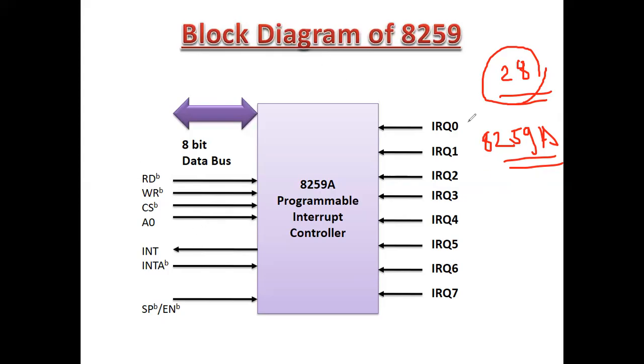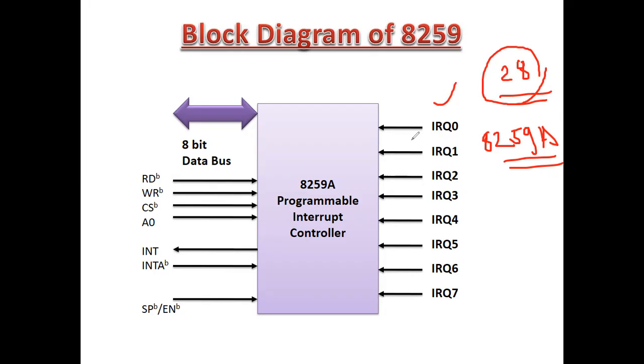So these are the various signals or pins available in the 8259 IC. Here you can see the IRQ signals, IRQ0, IRQ1, IRQ2, IRQ3, IRQ4 up to 7. What are these signals? These signals are interrupt requests.